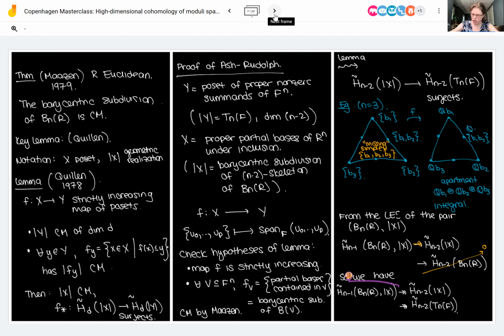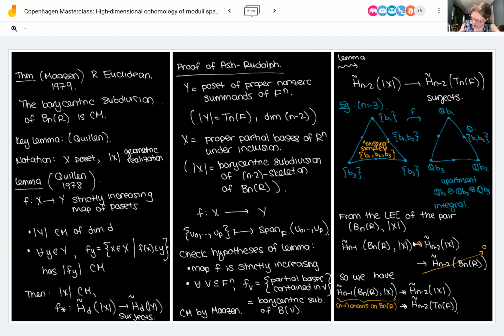This homology group is going to be exactly the group of n-1 chains on our partial basis complex.